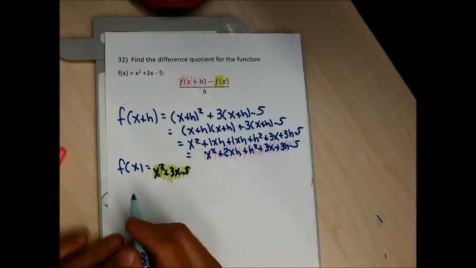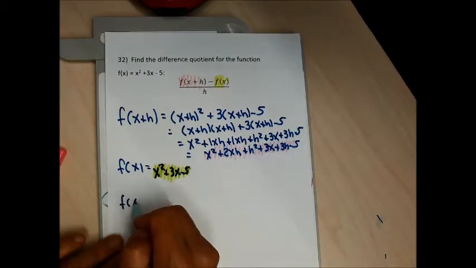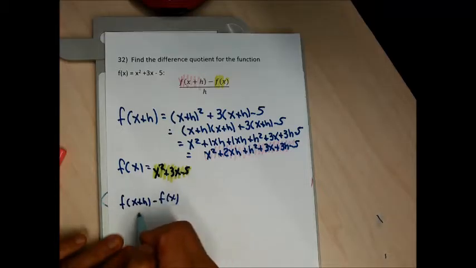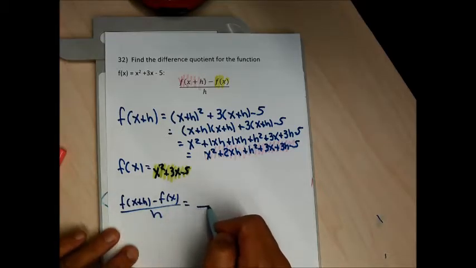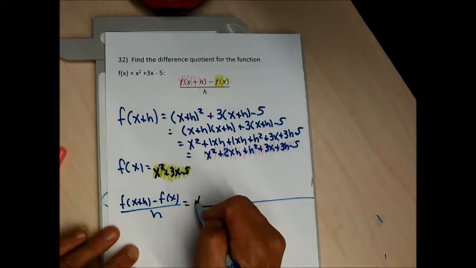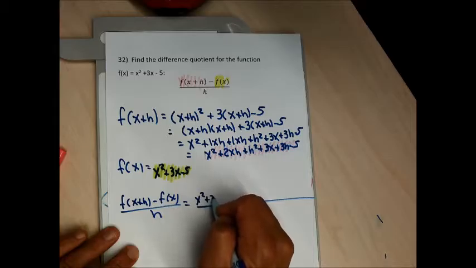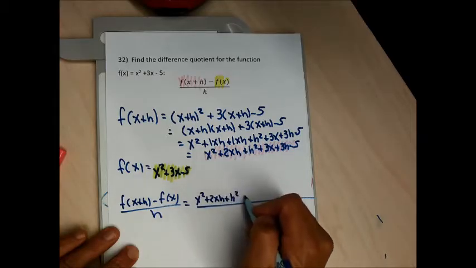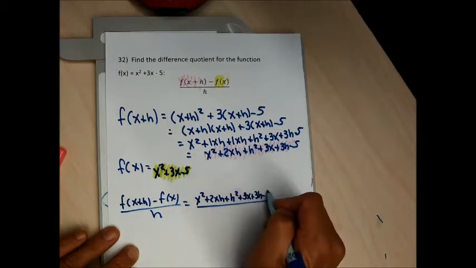So to find the difference quotient, f of x plus h minus f of x over h, I'm going to make a big fraction. I'm going to write all this first. X squared plus 2xh plus h squared plus 3x plus 3h minus 5.